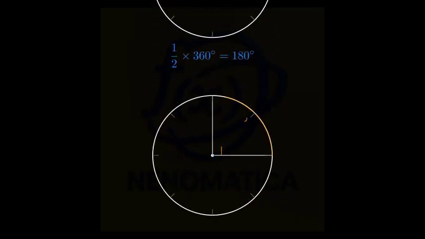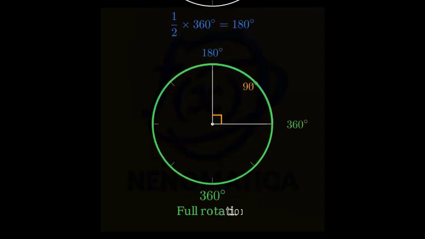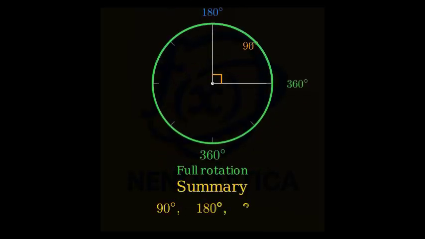A complete trip around the circle brings us back to the start and measures 360 degrees. Therefore, a full rotation equals 360 degrees. Summary. A right angle measures 90 degrees. A straight angle, or half circle, measures 180 degrees. A full rotation measures 360 degrees.